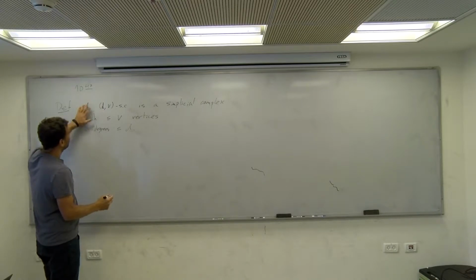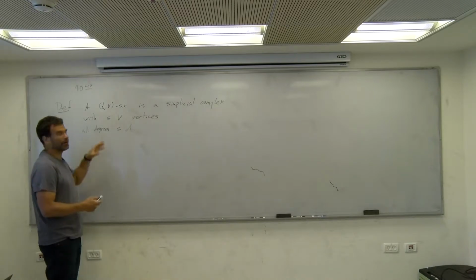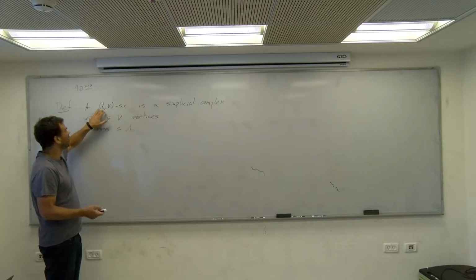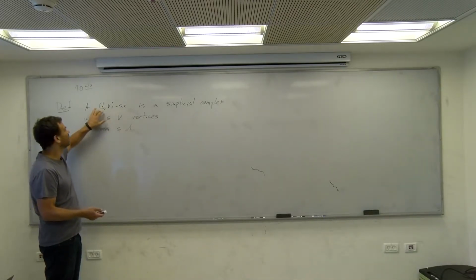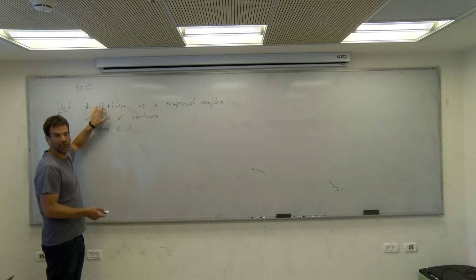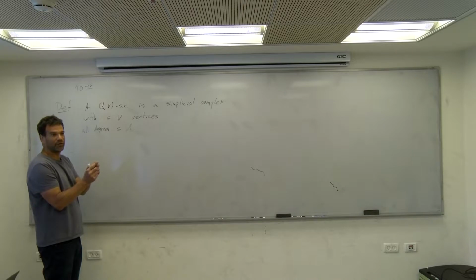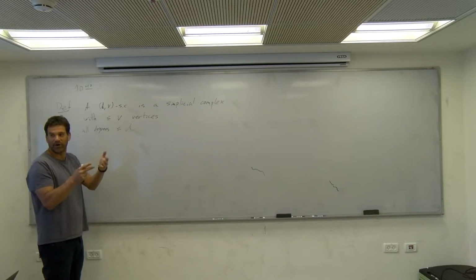So let's try to understand a bit what it means. First, I said last week already that we only give a bound on the first skeleton, in a sense, because if you bound the degree, V bounds the zero skeleton, the number of vertices, and the number of edges is at most D times V over 2. But it also bounds the number of two simplexes, because each vertex has only D neighbors, so there are only D choose 2 possible triangles.